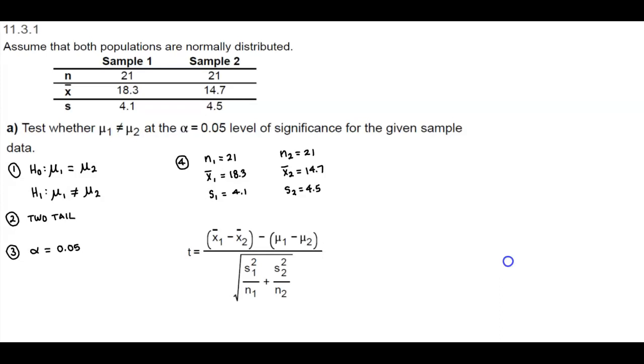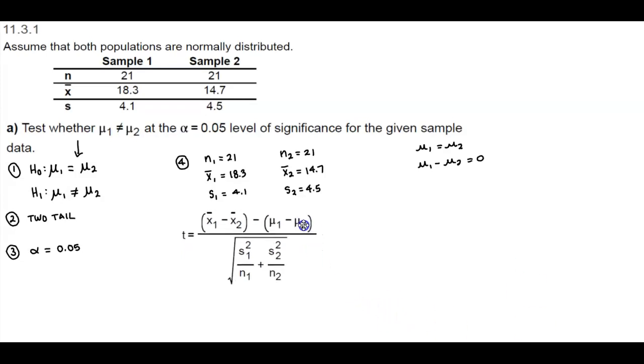Now we need to solve for mu1 minus mu2. We know that in the null, mu1 is equal to mu2. If we subtract mu2 from both sides, that means mu1 minus mu2 is going to equal 0. Now that we have this information, we can find the test statistic.